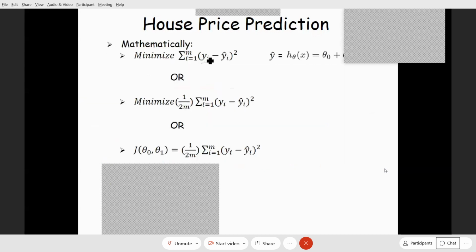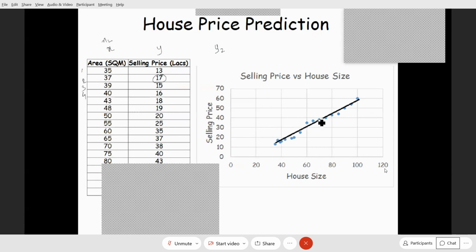So if you see here, yi minus this. What is the error? My error is basically yi minus y cap i. Now, what is this y cap i? Y cap i is the output which we get from our model. How am I going to get this from the model?